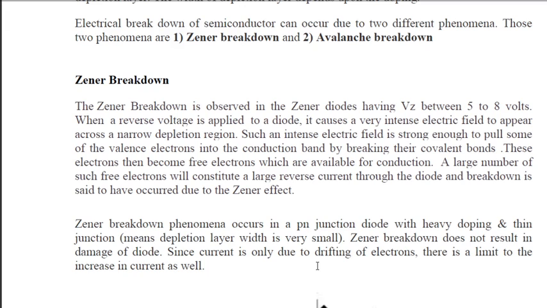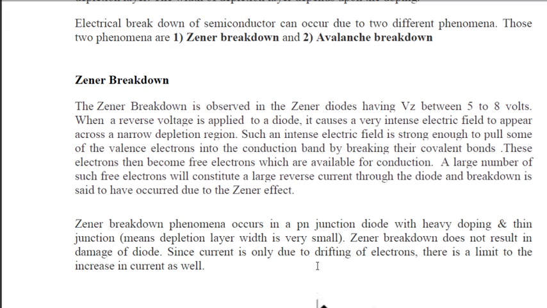Because of this very high electric field, the valence electrons in the silicon atom or germanium atom are pulled out, because electrons are negatively charged particles. These electrons in the electric field will experience a force, and when the field is very high, the force on the electron is very high.